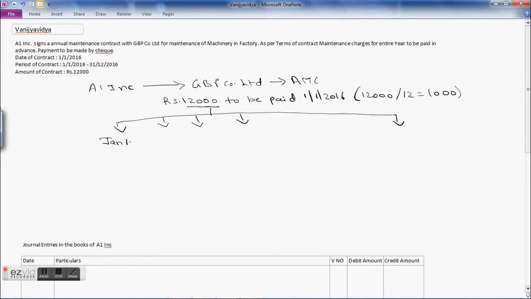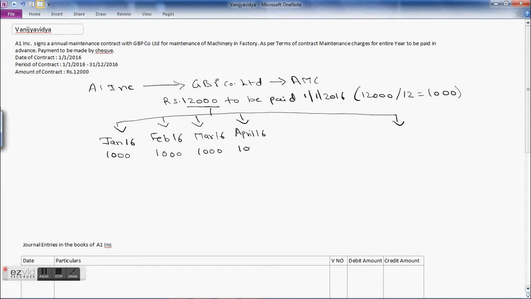So what will happen? At the end of Jan 2016, 1,000 needs to be expensed out, that is 12,000 divided by 12. At the end of February 2016, 1,000 expense. Then for March, the expense will be 1,000.